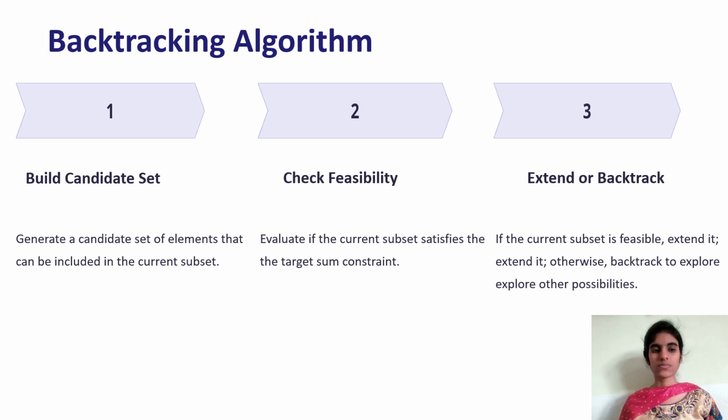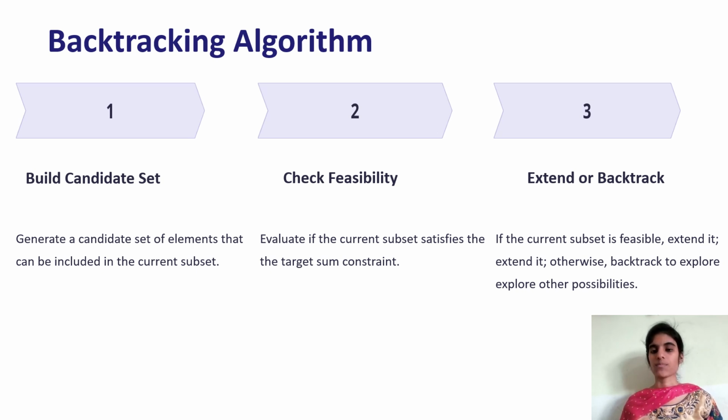The backtracking algorithm consists of three steps: build candidate set, check feasibility, extend or backtrack. We will learn one by one. First, generate a candidate set of elements that can be included in the current subset. Next, checking feasibility: evaluate if the current subset satisfies the target sum constraint. It is the second step.